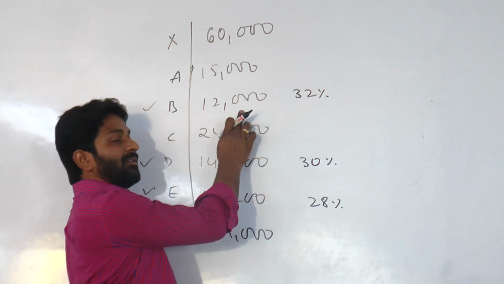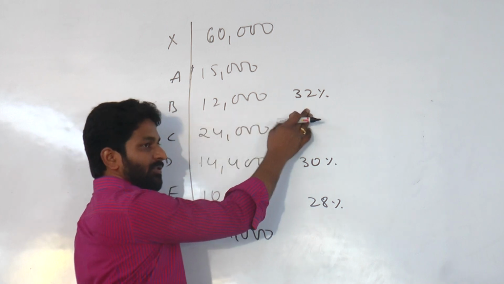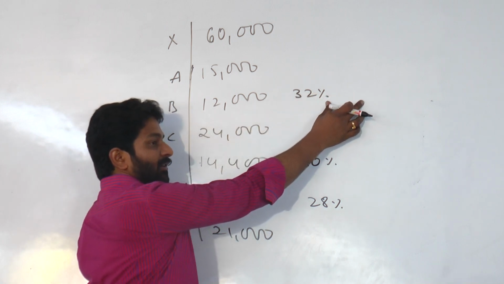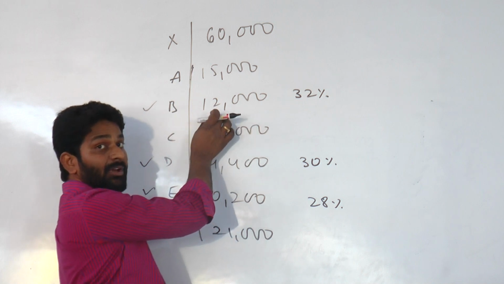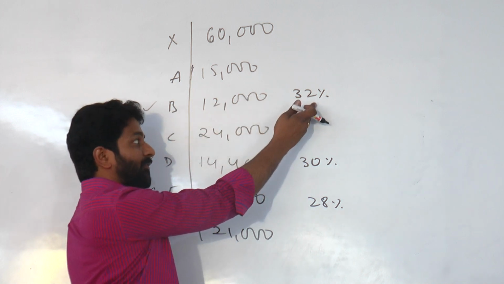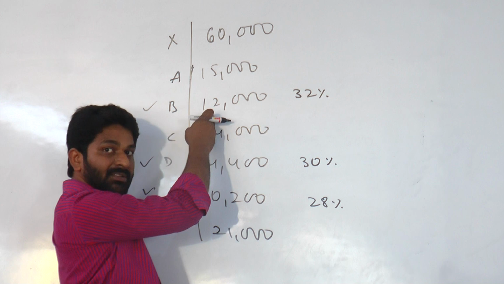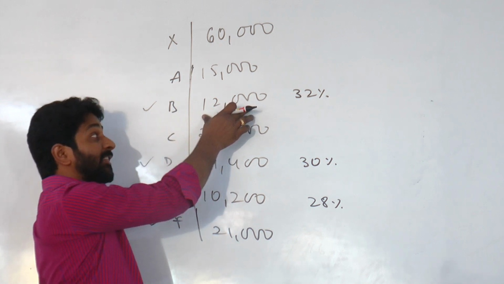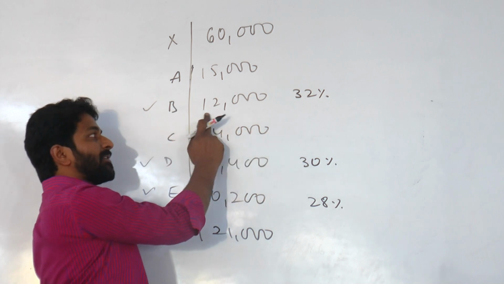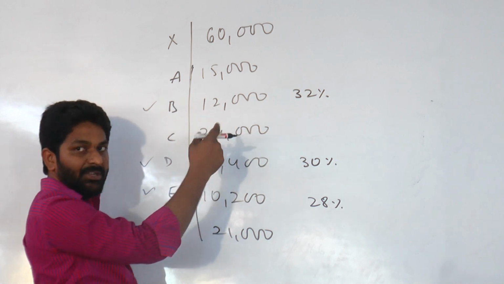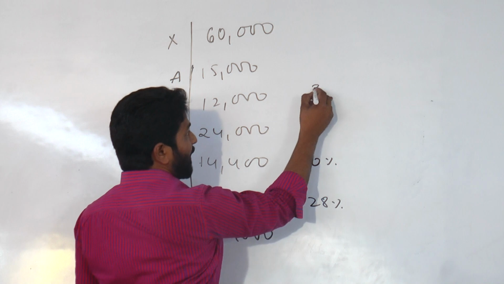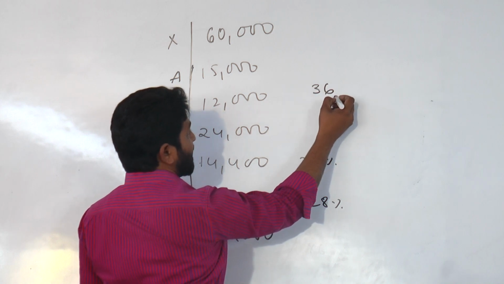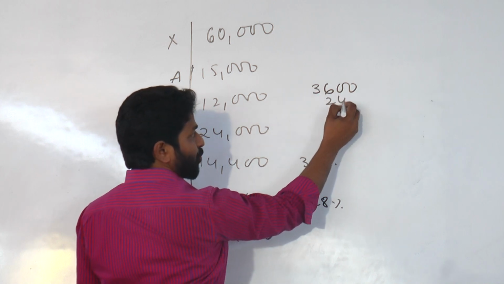32% of this number or 12% of 32,000. Take 3 zeros here. Or else if you can calculate 32% here, that's okay. 10% is 1200. 30% is 3600. 1% is 120. 2% is 240. So total 3600 plus 240.